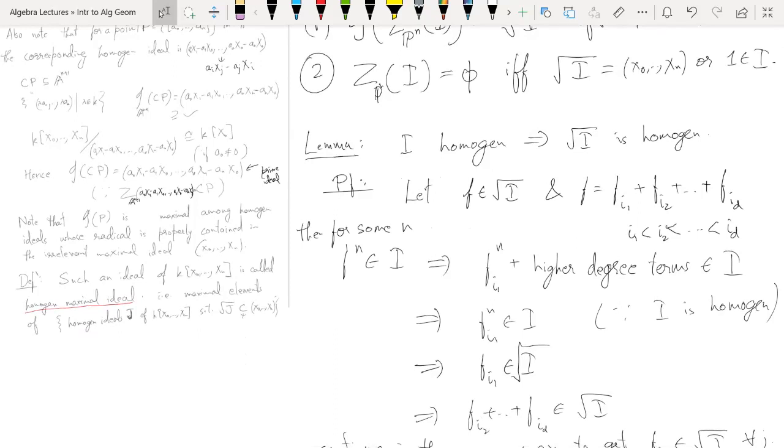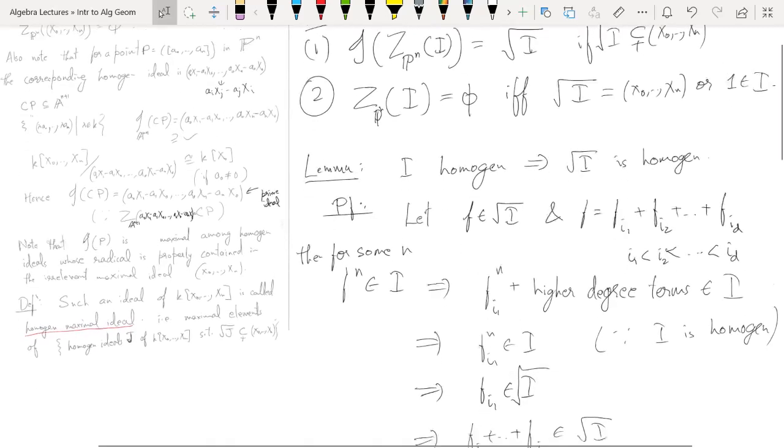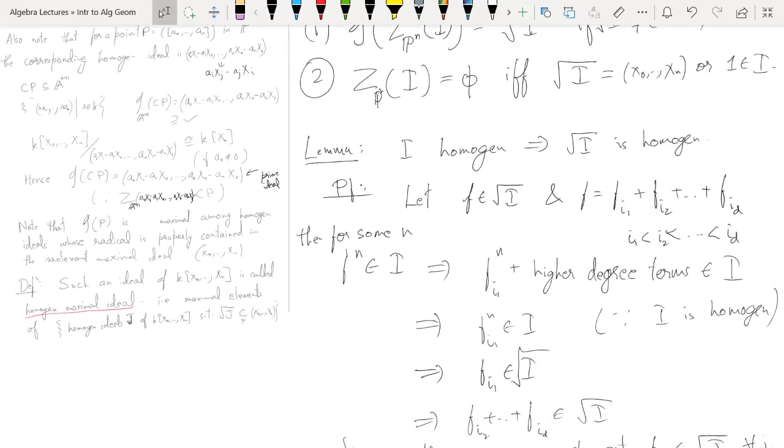First we'll do these lemmas. If I is homogeneous, then the radical of I is also homogeneous. So we will argue this. This is not difficult; nothing in this section is going to be difficult. So that's what we want to argue. Suppose I is homogeneous and f belongs to the radical of I. Then f you can write as a sum of various homogeneous pieces.